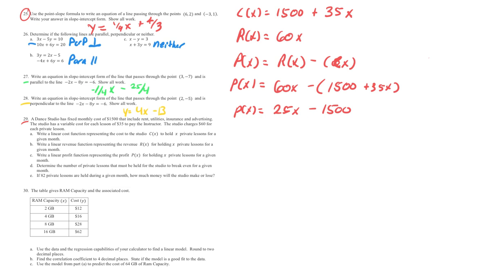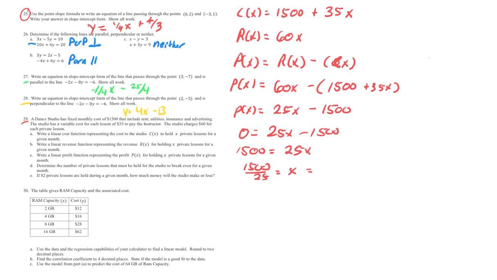Determine the number of private lessons that must be held for the studio to break even for a given month. So that means zero profit. So we can set that equal to 0. 0 is equal to 25x minus 1,500. Add 1,500 to both sides. Divide both sides by 25.